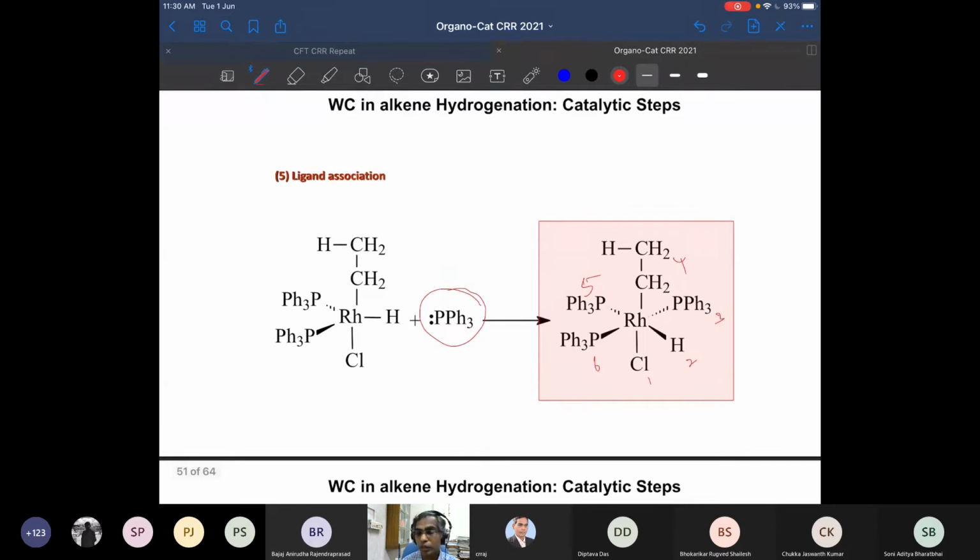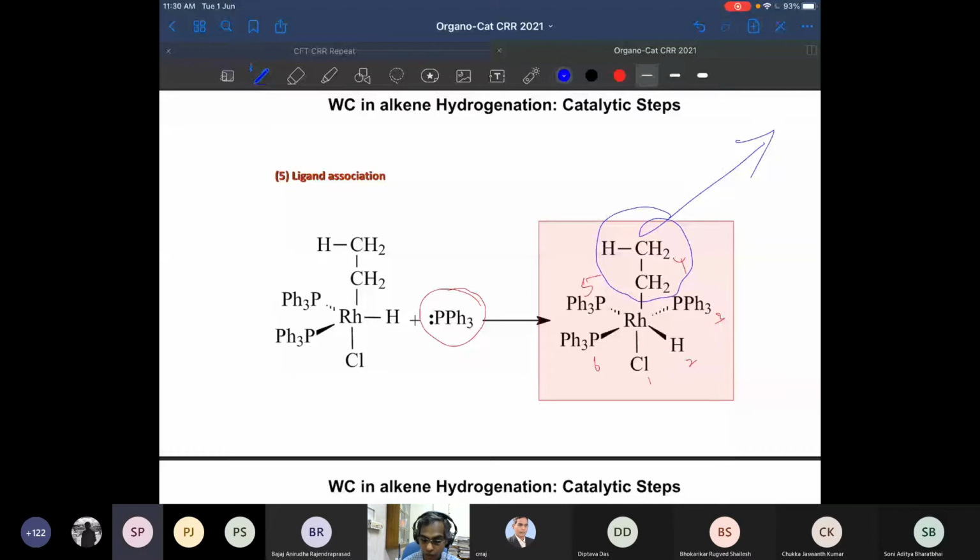If you are following me. Removal of ethane. Yeah, removal of ethane. What do you call that step, Sony? Reductive elimination. Basically this ligand should go away, that's one of the requirements. For facile reductive elimination, you should have a bulky ligand.